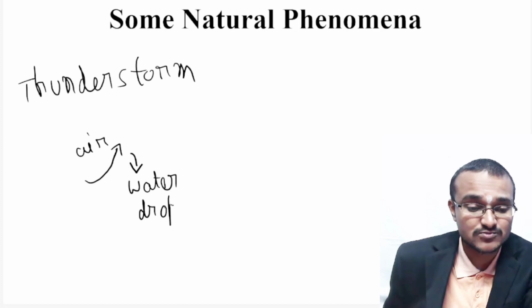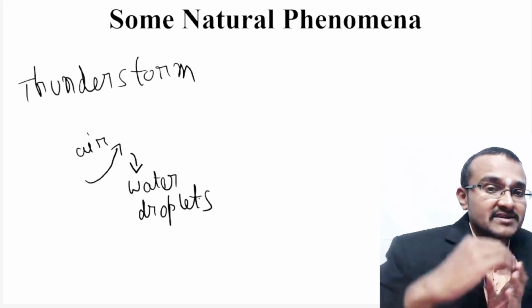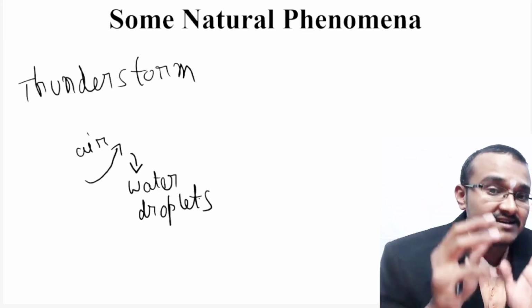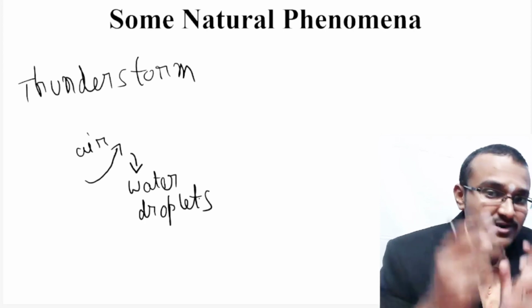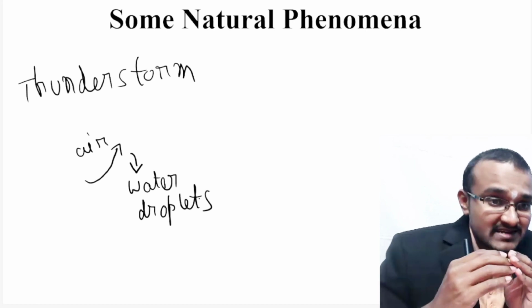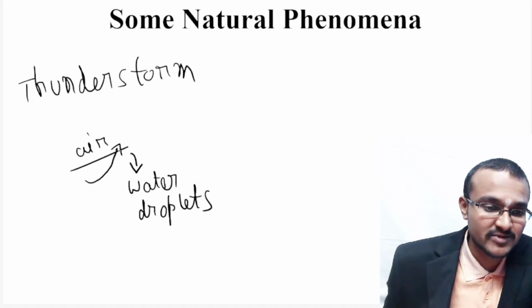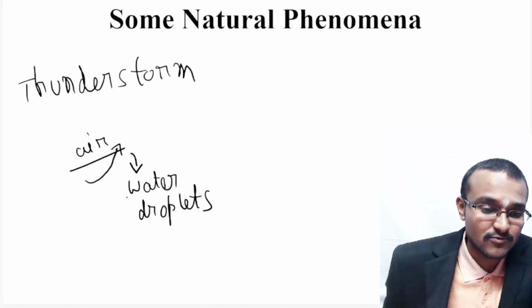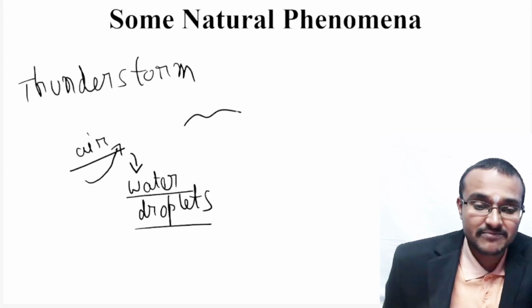This vigorous movement of air current and water droplets moving up and down creates a separation of charges inside the clouds. The positive and negative charges already present in the cloud get separated.